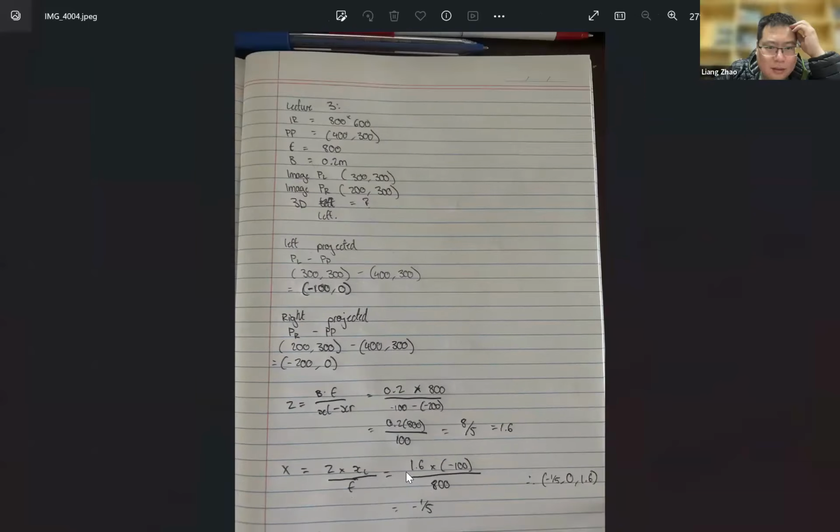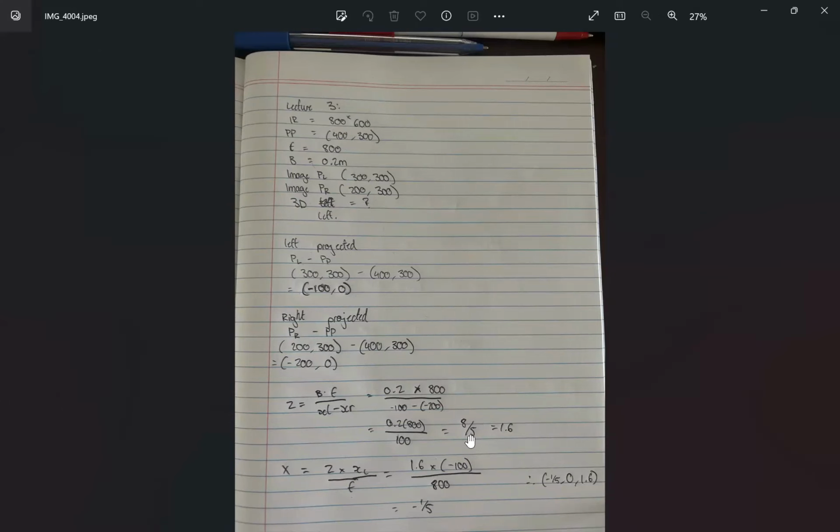When I'm solving for Z, Y, and X, is this the right working out? I did the left projected, right projected, which I don't, actually, no, I do need it for the Z. Is that all right?